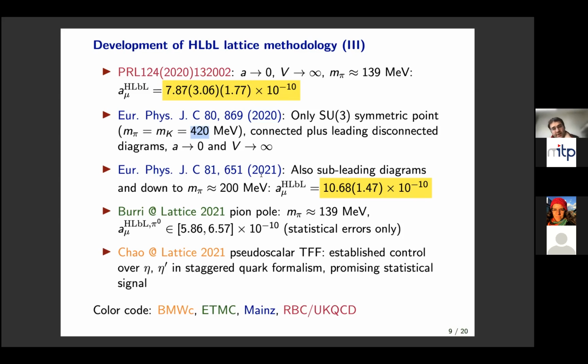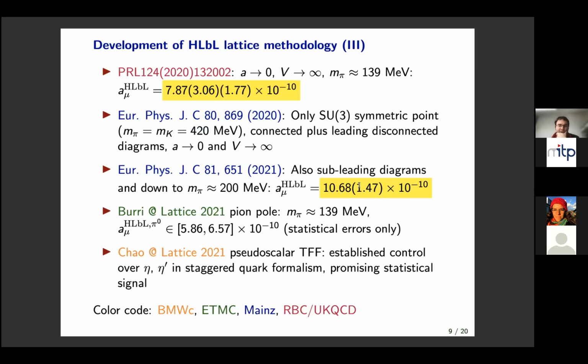Then one year later, in 2021, after the white paper but before the Fermilab experiment, additional data was included, lowering the pion mass. It still did not really include physical pion mass results, but the remnant effects from 200 MeV to 140 MeV were estimated. And so this was the second completely independent lattice QCD result from first principles where all the systematic effects are addressed.